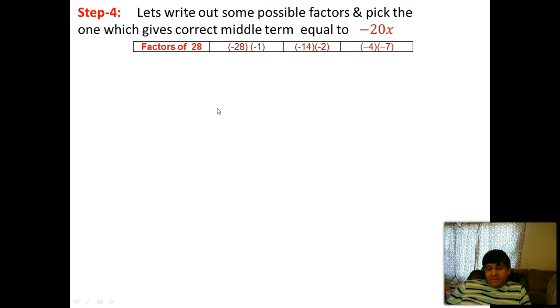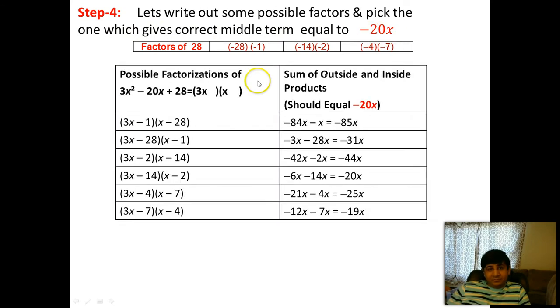Let's move on to the next step. Let's write out some possible factors using these numbers. And remember, we want to pick the correct one which produces the middle term, minus 20x. So this is what we are trying to factor. This we already have, and this is the space we are trying to fill out. The first factorization we write is 3x minus 1 and x minus 28, based on this one.